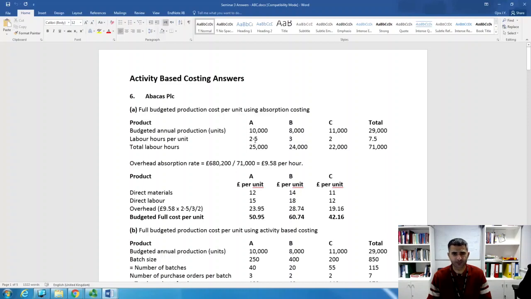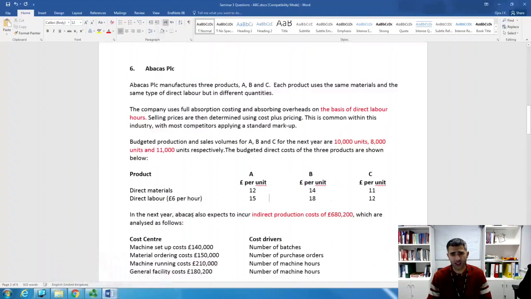Very simple, because the question doesn't give you the direct labor hours per unit, but if you look at the question here, it does tell you the direct labor cost per unit.